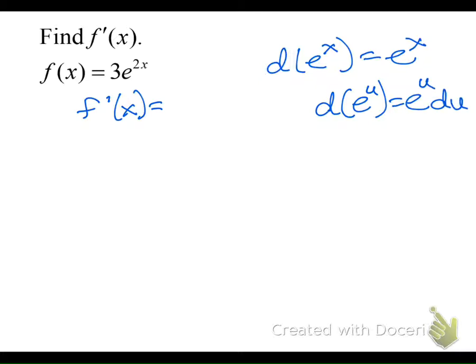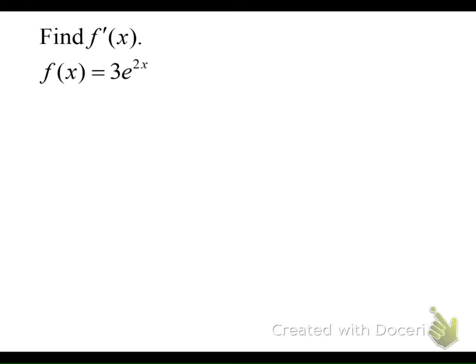Okay, so the derivative of 3e to the 2x is 3e to the 2x times the derivative of 2x, which is 2. And so that's 6e to the 2x. Okay, so keep that in mind, something you already know, and apply that to this problem.